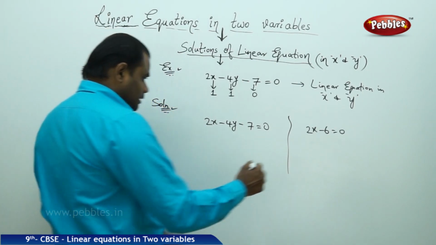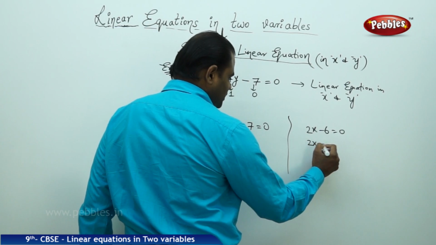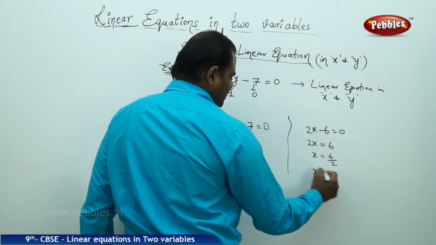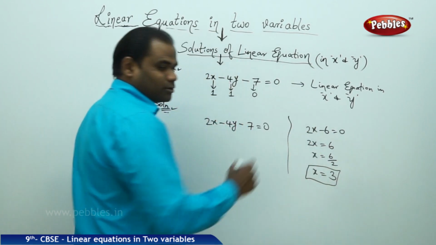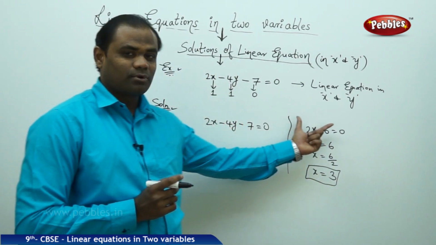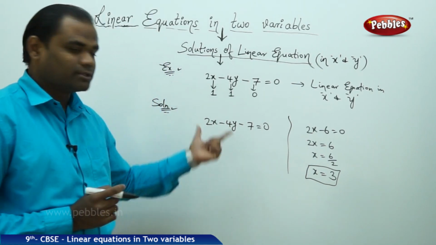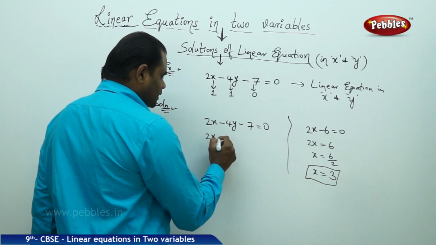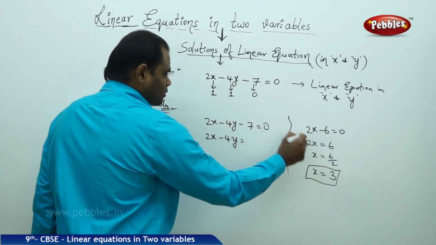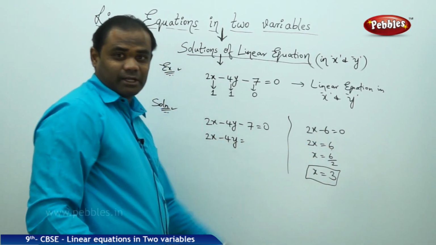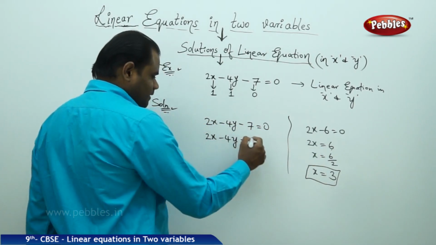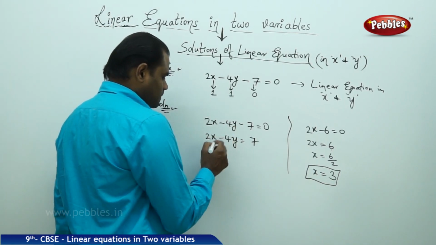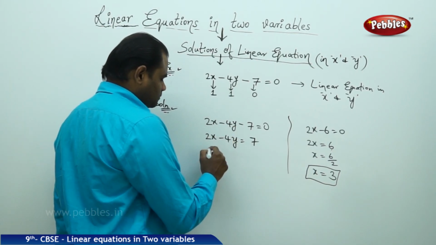Clearly, I can find the value of x by taking the constant to the right and then taking 2 down, and then I get the solution. Let's see if I can use the same process for my linear equation in two variables x and y. Proceeding similarly, as I took 6 to the right in the previous equation, taking minus 7 to the right, I get 7, and then let's see if we can find x and y.